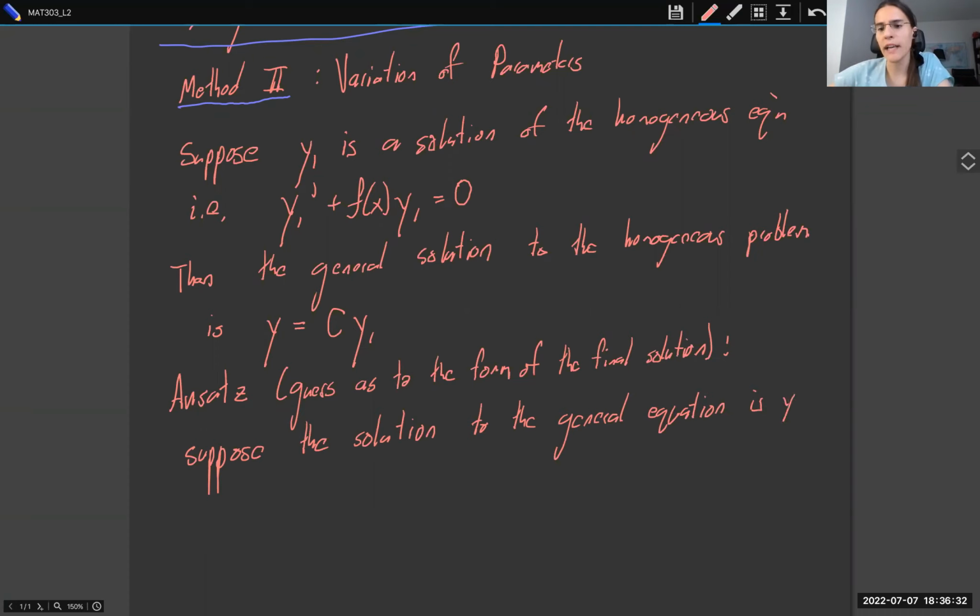So y equals u y1, where u is u of x, i.e. some function of x.